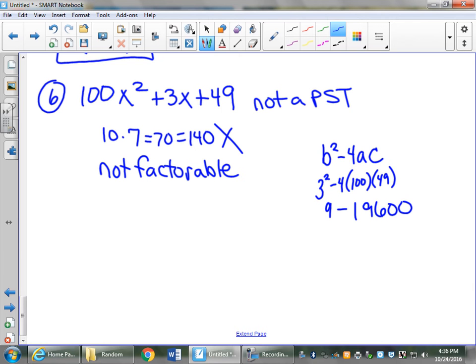And if you subtract, you're going to get negative 19,591. This is not a perfect square. It's negative, and plus 19,591 is not a perfect square. If you square root that, you'll get a decimal. So therefore, because it's not a perfect square, this is not factorable.